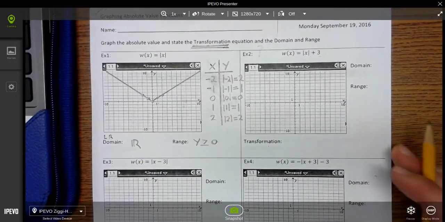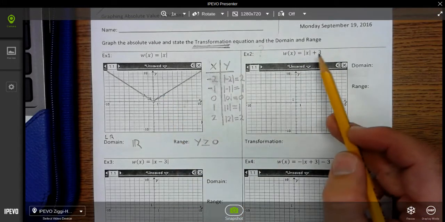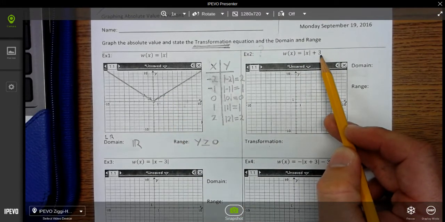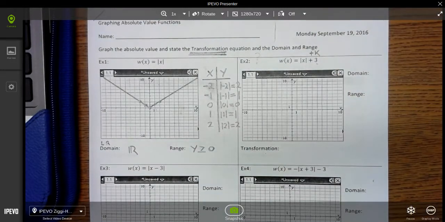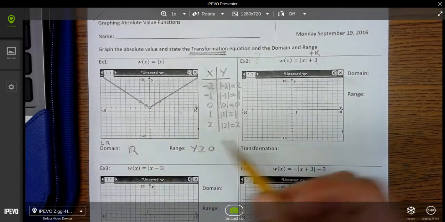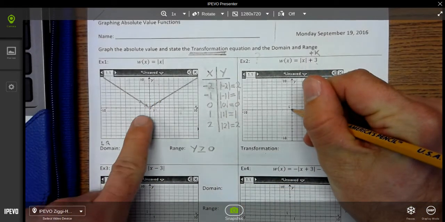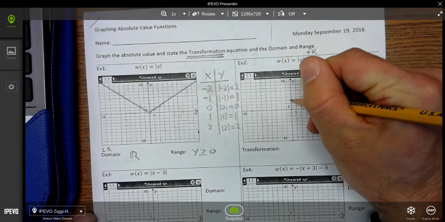So let's start with that. We know we're starting from here, but this plus 3, we know from our notes, is the plus k value. And we know plus k is a transformation up 3 units. So we're taking this function and going up 1, 2, 3. We start here because we know this function started here, and the transformation is up 3. So we go up 1, 2, 3.